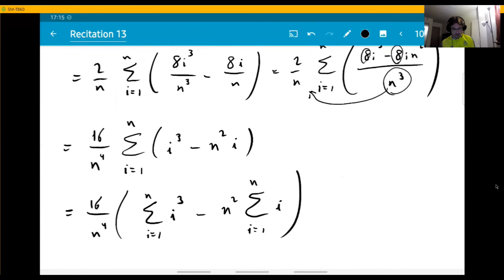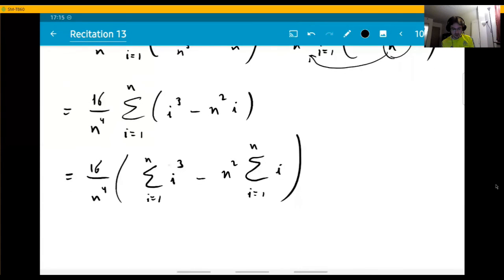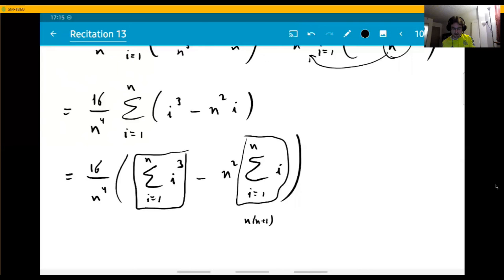All right, now finally we have something to work with. Each one of these, we know what they're going to be. The summation of the numbers from 1 to n is n times n plus 1 over 2. And this other summation with the cubes is that exact same expression, but squared. Those are the formulas that they gave us above.